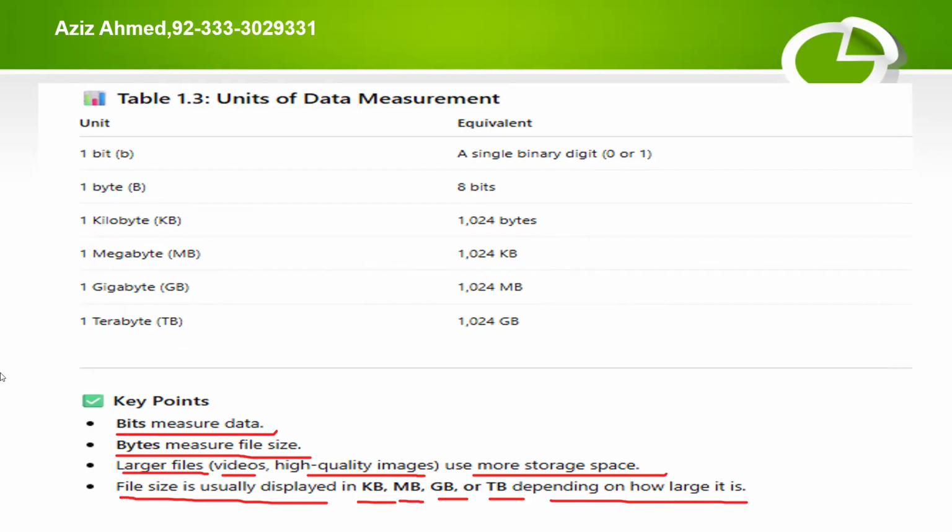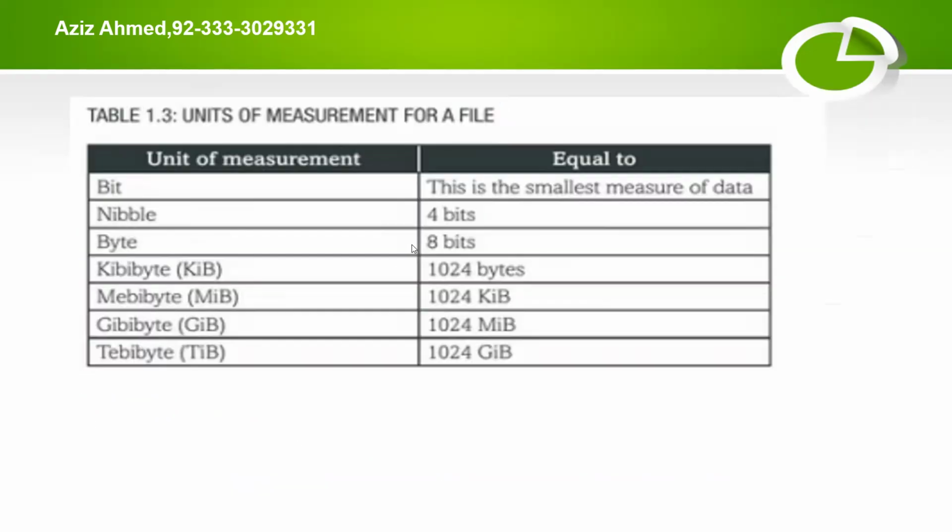Now the new terms we use: bit means the smallest measure of data, like 0 or 1. Nibble means 4 bits. Byte is equal to 8 bits. KB is equal to 1024 bytes. MB is equal to 1024 KB. GB means 1024 MB. TB means 1024 GB.